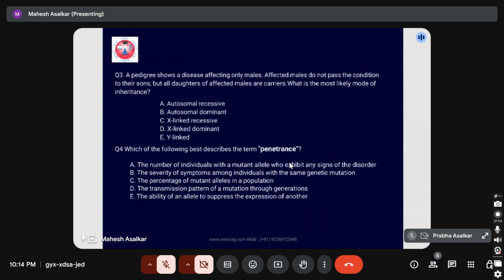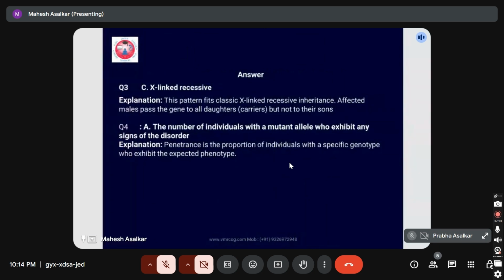When we say penetrance, it is the exhibition of the signs that matters a lot. So the answer is A. Penetrance is the proportion of individuals with a specific genotype who exhibit the expected phenotype. So that manifestation is important here.